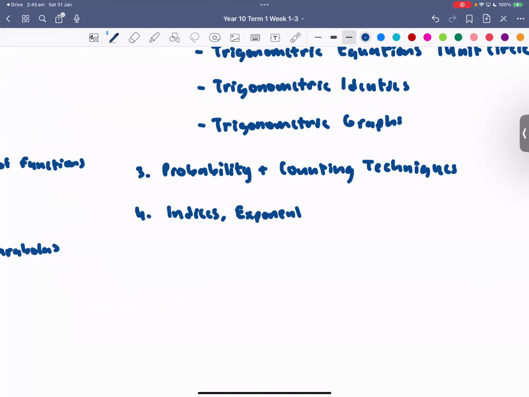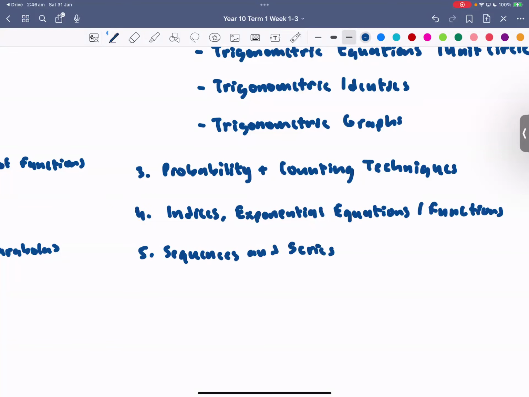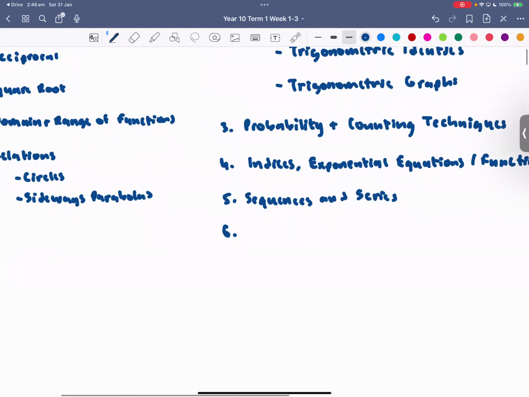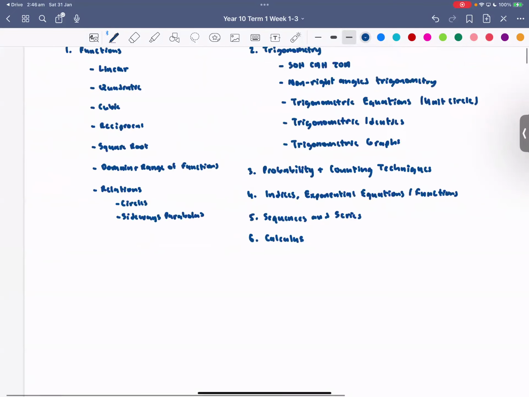So indices and exponential equations and functions. Topic number 5 is called sequences and series. And topic number 6 is called calculus.